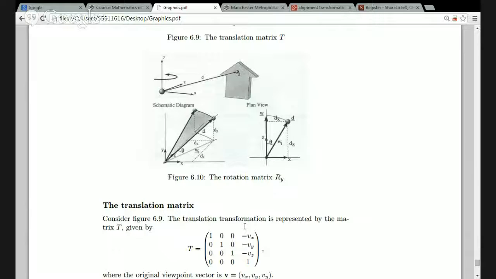So here's our point D, which will be somewhere. It's not necessarily on the XZ plane. It will be somewhere floating over there. So we can see two aspects. Remember, D is the vector from the viewpoint to the center of view, C minus V.